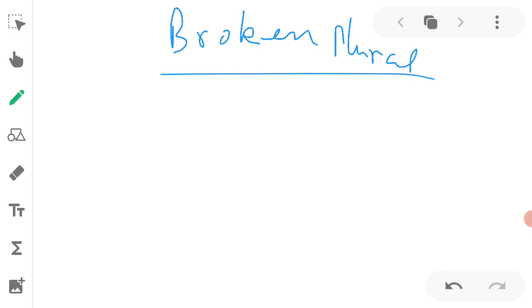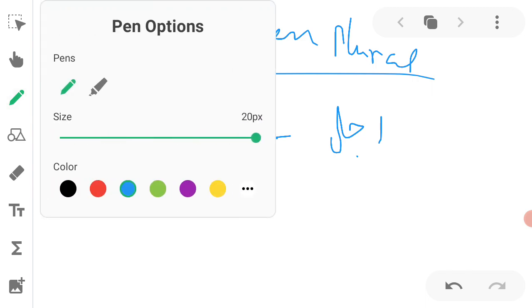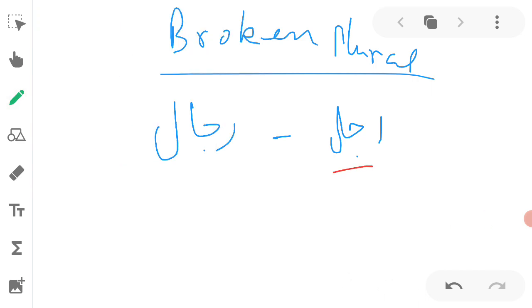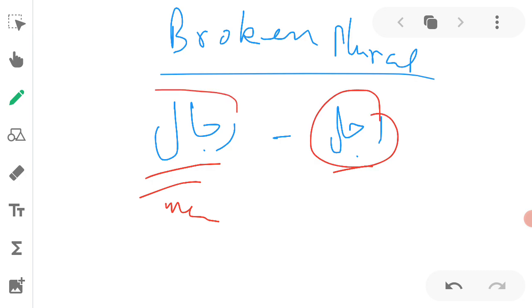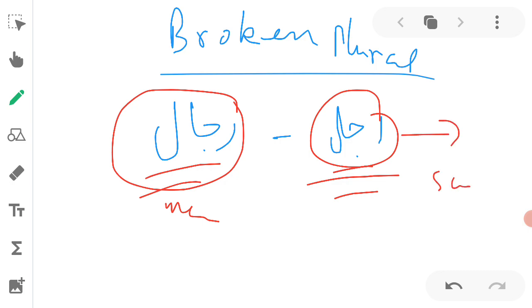We already gave one example, so rajul and rijal. First we determine it's a plural: rijal means men, it's more than 3, so we already saw that it is a simple plural, and rajul is all contained in here. But the thing is we broke the singular ra-ji-l by adding alif in there. So we broke the constitution of the singular, so that's why it is jama taksir, or broken plural.